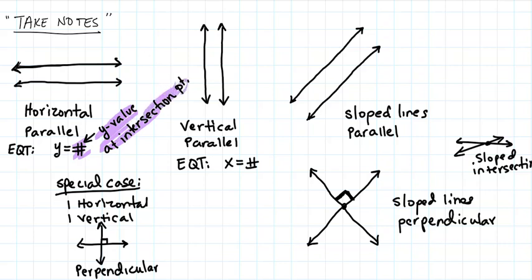All right, so this one would be the x value at the intersection point. Let's go with green.